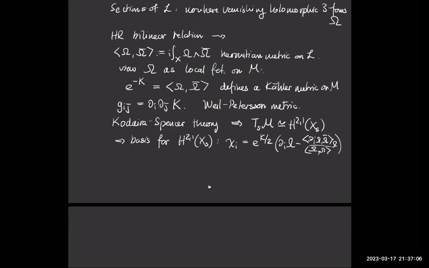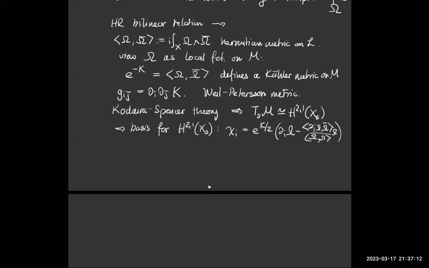So the second part is just the projection of D_i omega to the H^{2,1} part. And as an aside, it follows by a simple calculation that then the metric can be written as this. So these last couple of lines are due to Tian.